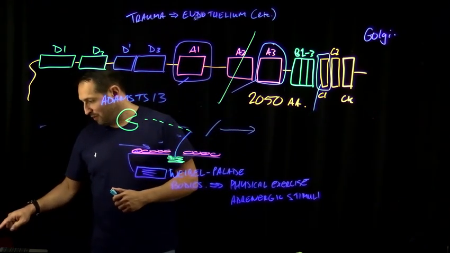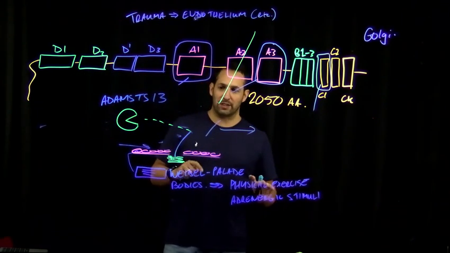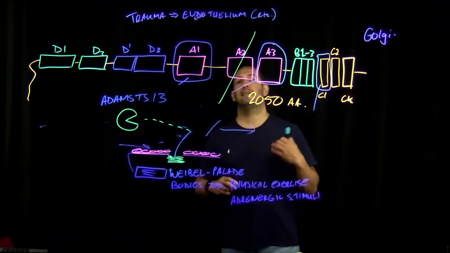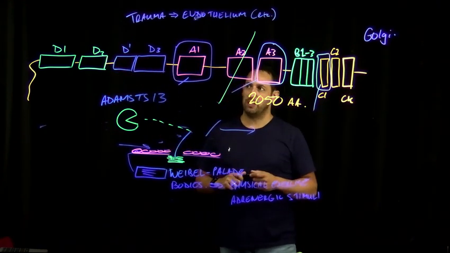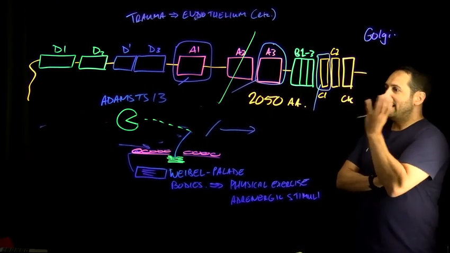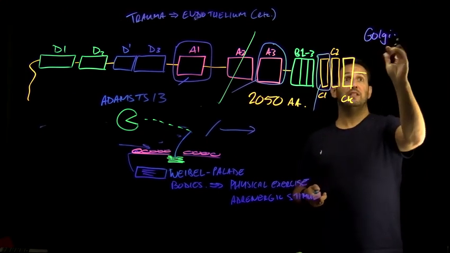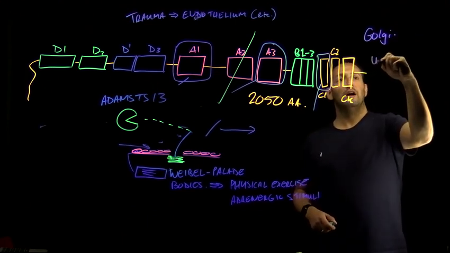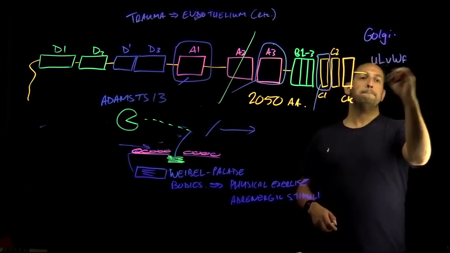What ADAMTS13 also does is catch any von Willebrand factor that is excessively large, because one of the problems with von Willebrand factor is that it likes to bind to itself, and it makes, and this can happen sometimes in the rough endoplasmic reticulum, ultra large von Willebrand factor multimers.